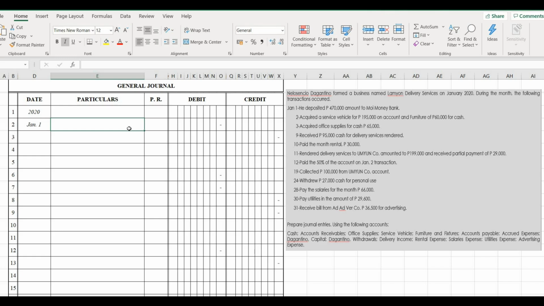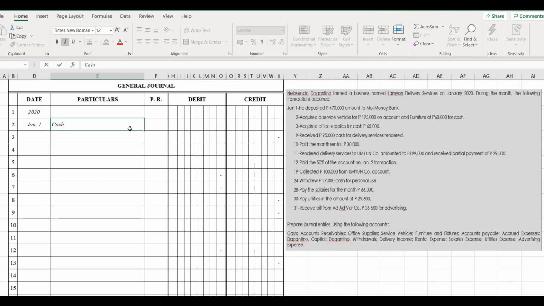First is your cash, and then the other one is your equity account. So basically, the affected accounts are cash and Dagantino capital. So the amount is 470,000. Since the entity or the business received cash of 470,000, ibig sabihin it increased na the cash of the business. So since cash increases, what you're going to do is you have to debit cash.